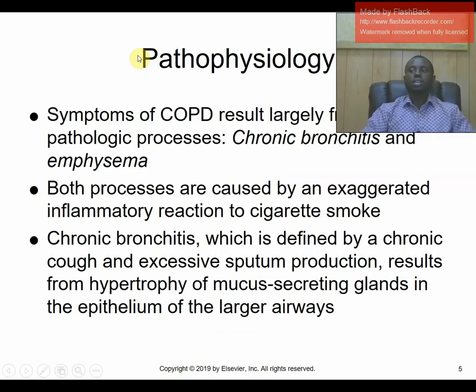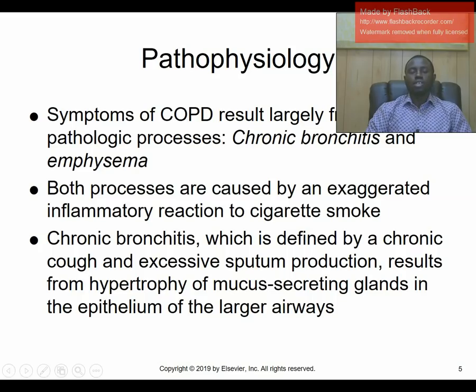So let's consider what bronchitis is. Chronic bronchitis is defined by chronic cough and excessive sputum production. This results from the hypertrophy of mucus-secreting glands in the epithelium of the larger airways.